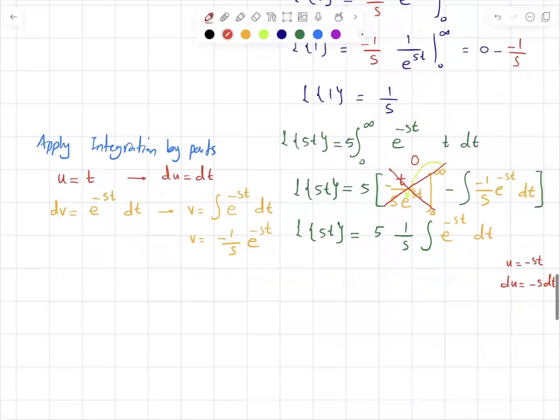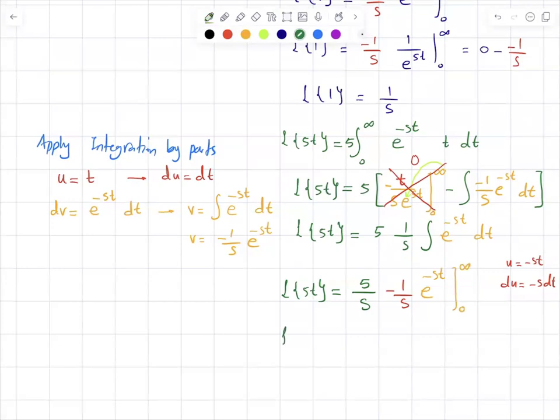So the Laplace of 5t can be written as 5 divided by s, and here you have the integral from 0 to infinity of e to the power negative st dt, which can be written as e to the power u times negative 1 over s. So negative 1 over s e to the power negative st, and t ranges between 0 and infinity.